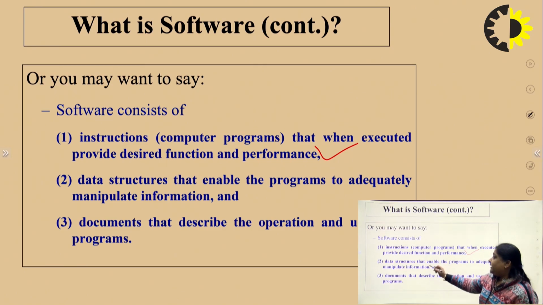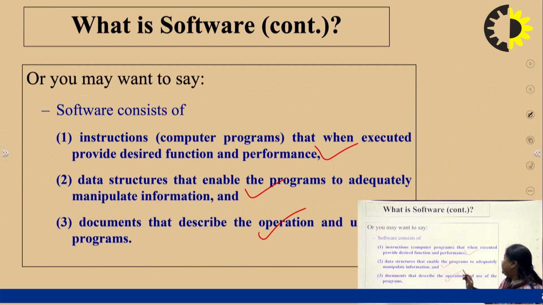Second one is the data structures that enable the programs to adequately manipulate and calculate the information. And third one is the documents that describe the operation and use of the programs. Documents are required because everything that we have to do in our software has to be written down somewhere. So for this task we need some documents.